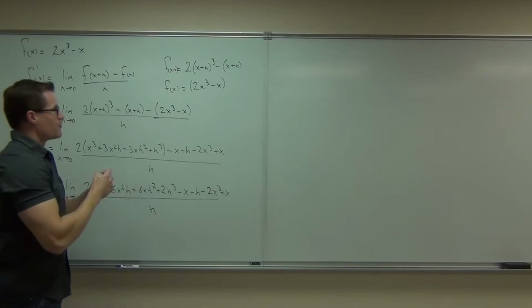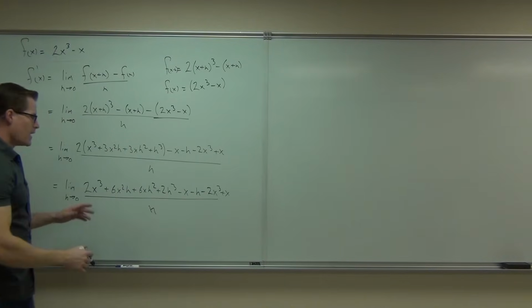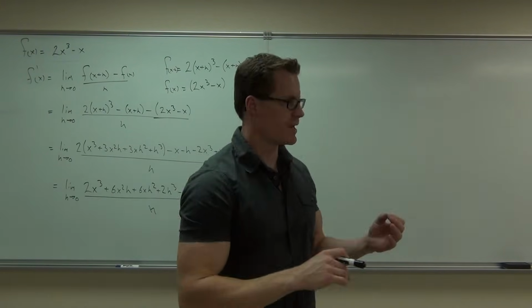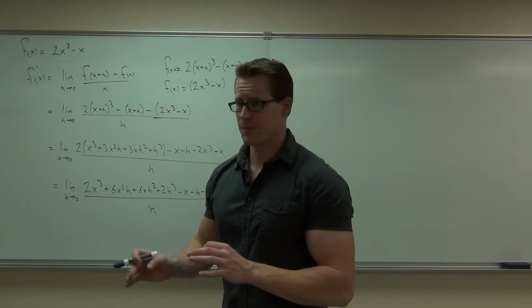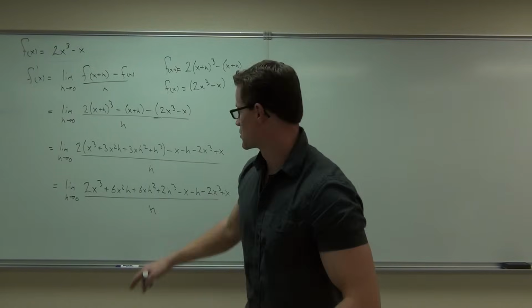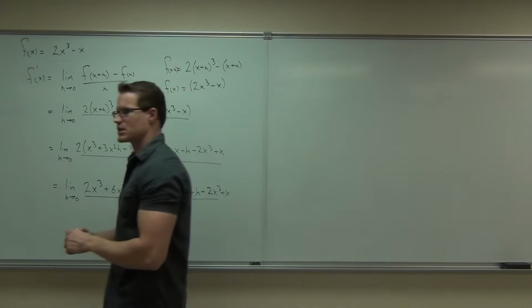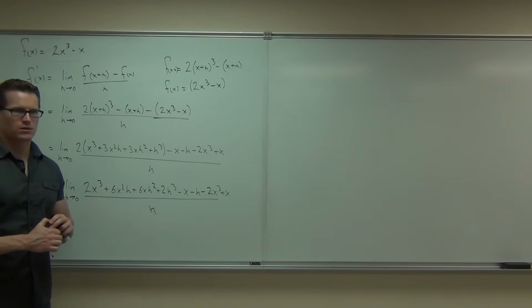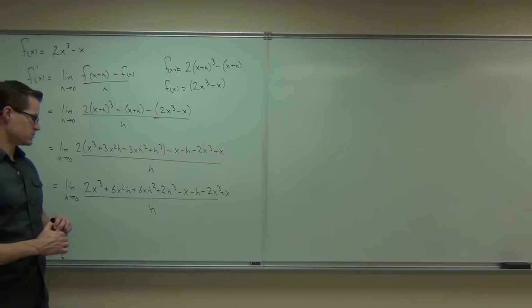F of x, we've plugged that in, we've worked it out, and now we're going to see that everything except for terms that have an h in them pretty much have to go away. Because if they don't, you're not going to be able to factor that h, and you're not going to be able to cancel out that h, which is exactly what you want to do. Let's see if that happens here. Do all my terms that don't have h in them disappear? Yes.